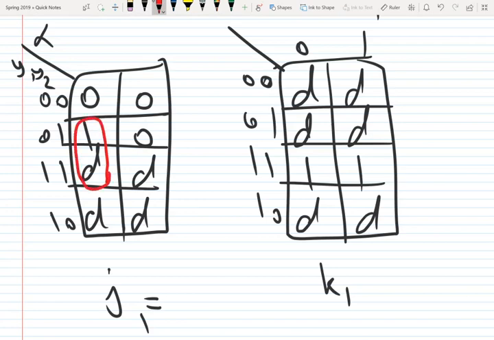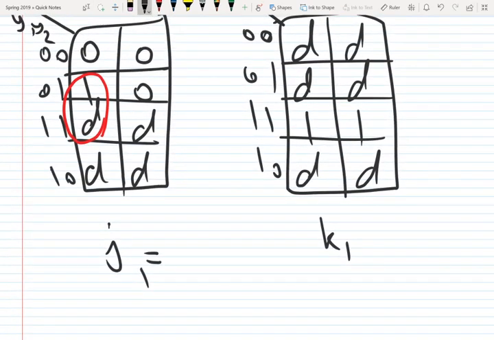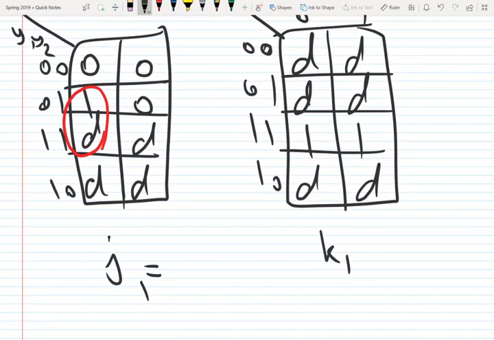Do we agree? Because it's the best option we have. We cannot have four together; this is the best option in the form of a power of two. If this one was also D, yes, we could group these four together, but it's zero. So the best option is 1D. If we group 1D, the function is X bar Y2. This one is the function of J1.